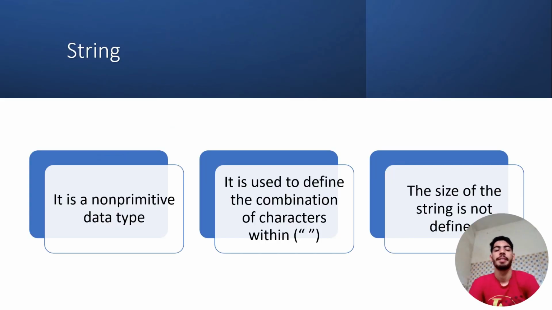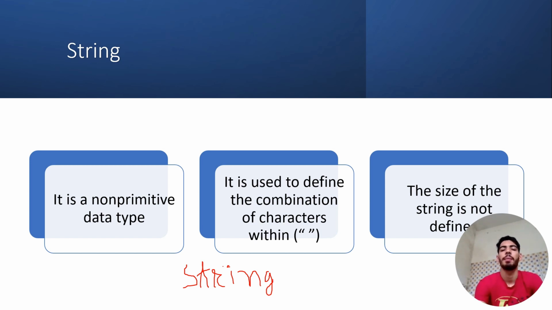Now, string. String is a non-primitive data type. It is used to define a combination of characters with double quotes. What does this mean? It means we can store a string by creating a string data type. String and then a string variable name.